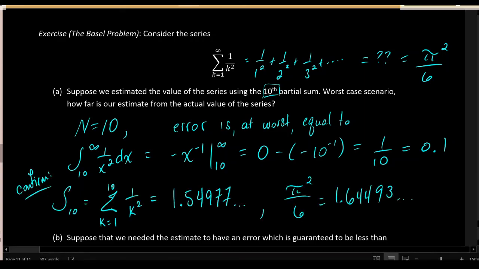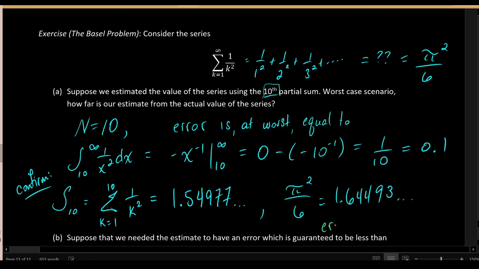Now, off to the side, in my spare time on Wolfram Alpha, I've calculated the value of the 10th partial sum, and that works out to be about 1.54977. That is the value to 5 decimal places. Whereas the real value of the series, which was calculated through some very, very hard work, pi squared over 6, was equal to 1.64493.